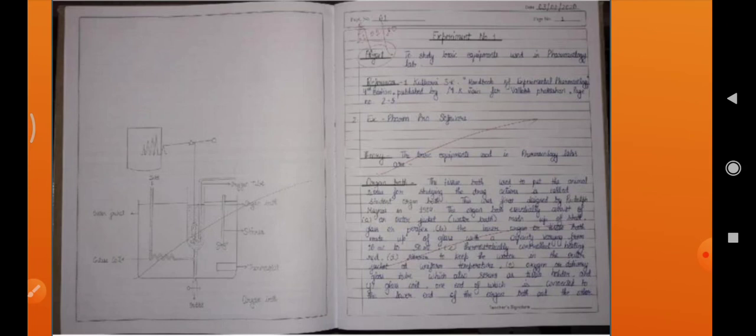The writings and the diagrams on the blank page are preferably done with a pencil. The ruled sheets are meant for writing purposes, which have a standard format. Mostly the ruled pages are used to write object, references, requirements, theory, procedure, observations, and finally the result.